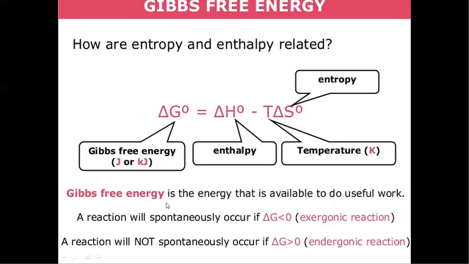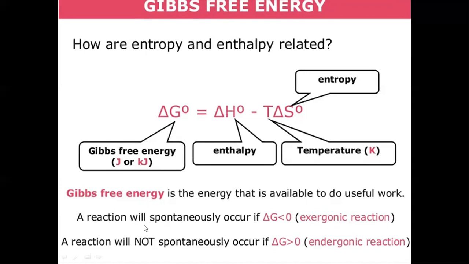Gibbs free energy is described by two important types of reactions: exergonic reactions and endergonic reactions. In exergonic reactions, the delta G value will be less than 0, that means we get negative values. Why? Because energy is coming out of the system.